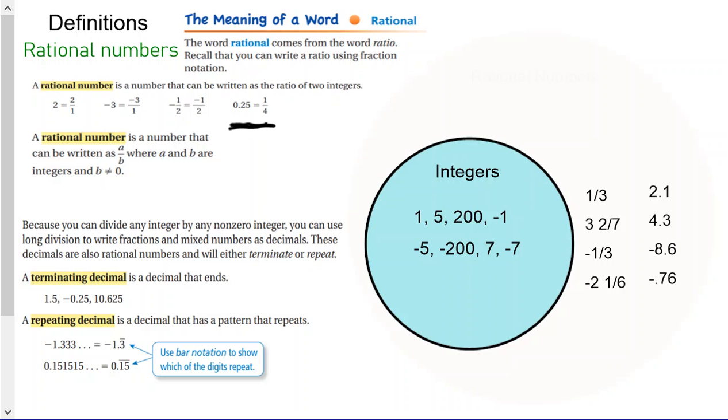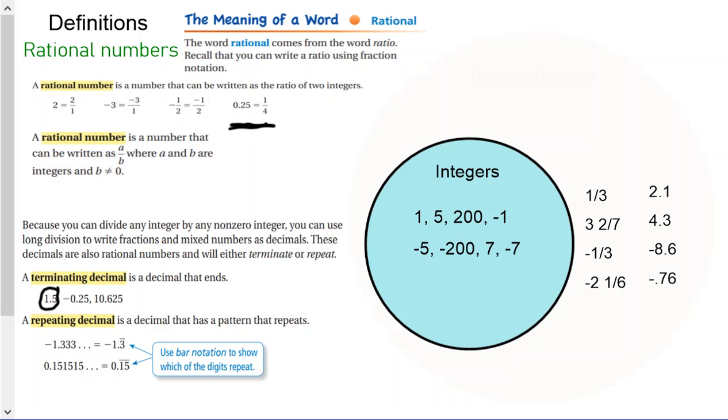And when we write a decimal number, there are 2 different types of decimal rational numbers. Okay, so we have a terminating decimal, which means that the decimal ends. So if you see over here, we got 1.5, so that means that that decimal ends at 0.5.